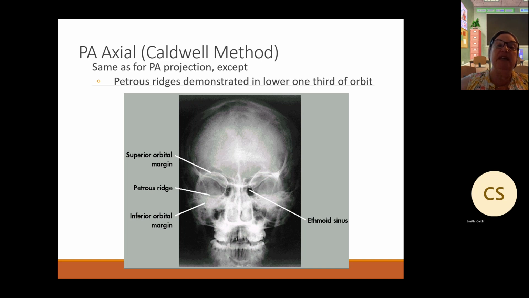And the difference would be that on an AP skull versus a PA, the orbits are magnified. But always make sure that the petrous pyramids are sitting in the lower third of the orbit, and that if you look at the outer orbit here to the side of the skull, it should be equal on both sides. That's how you tell rotation.